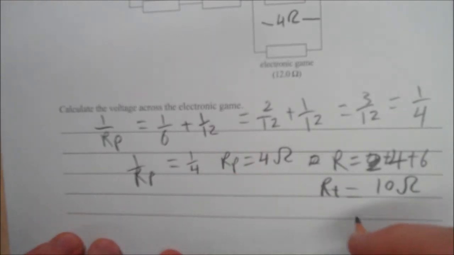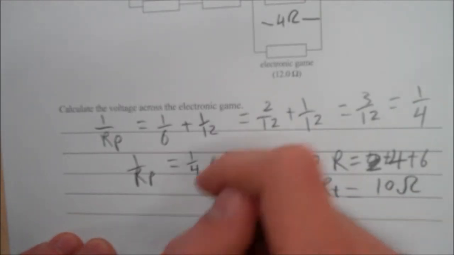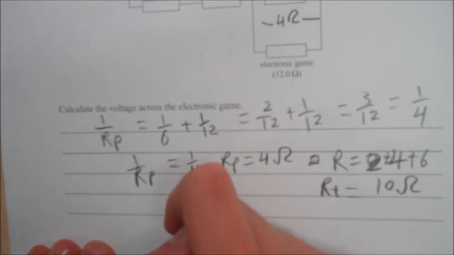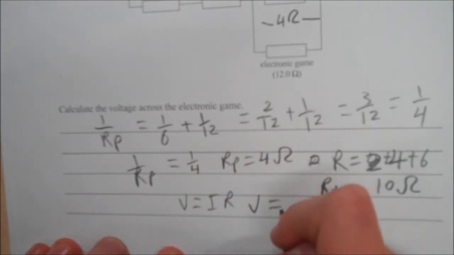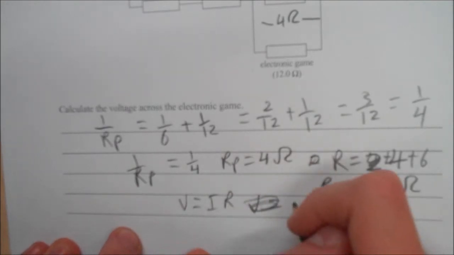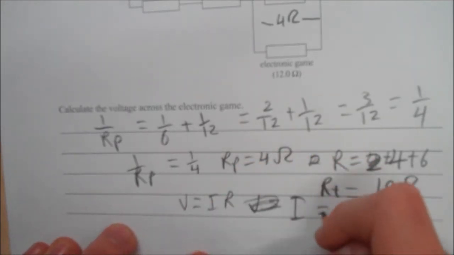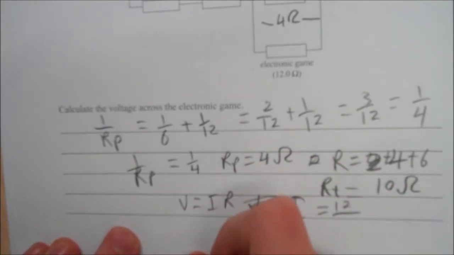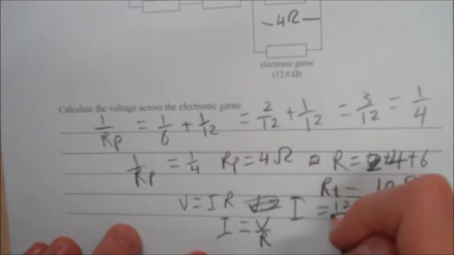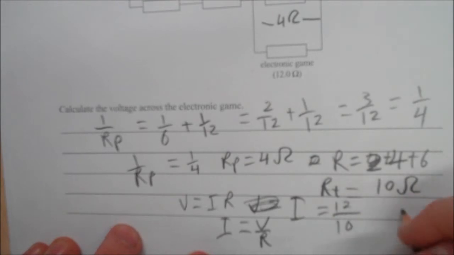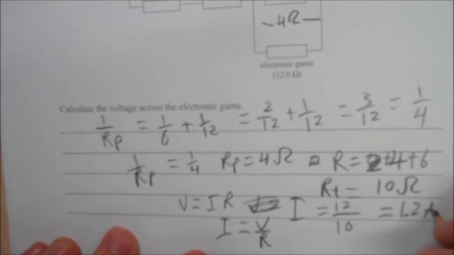And we know that the voltage over the whole circuit is still 12. So V equals IR, we need to find the current. So the current is still voltage over resistance. The voltage is the same, the resistance is now 10. So that means the current is 1.2 amperes now.